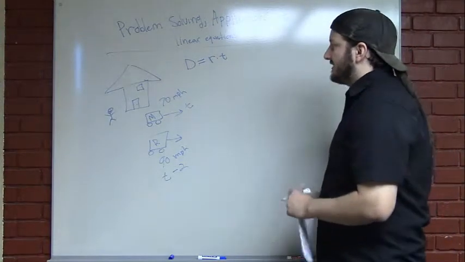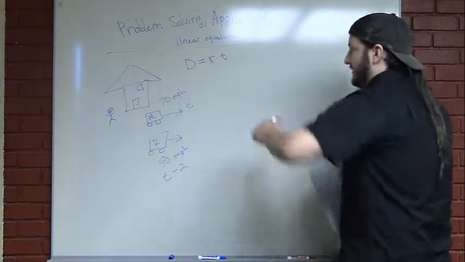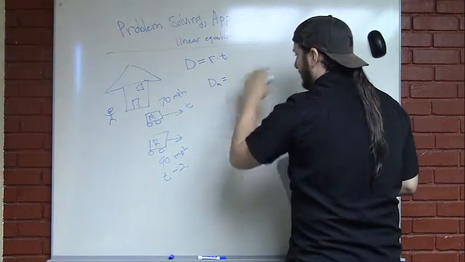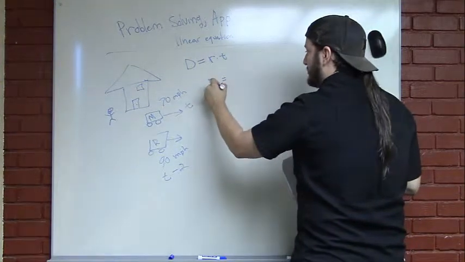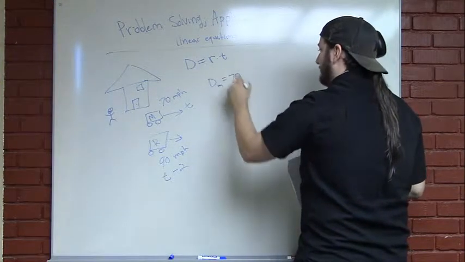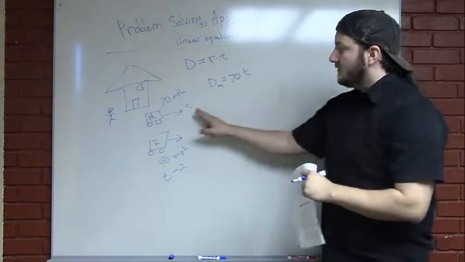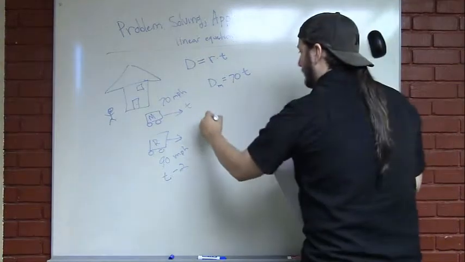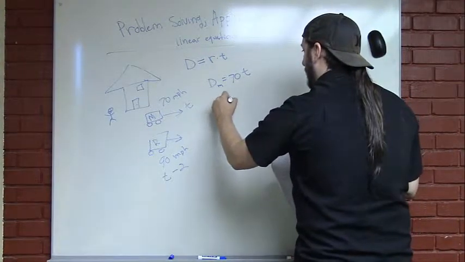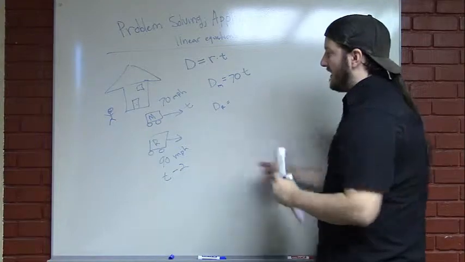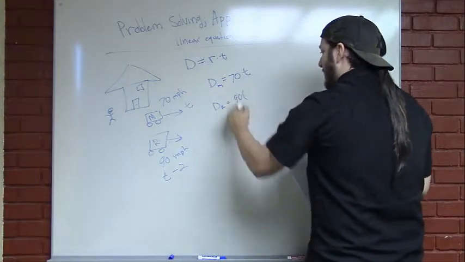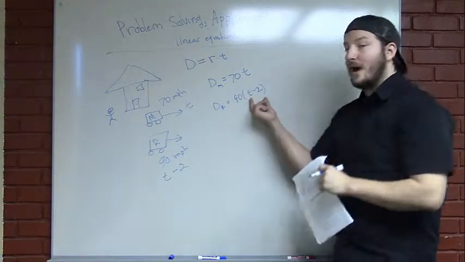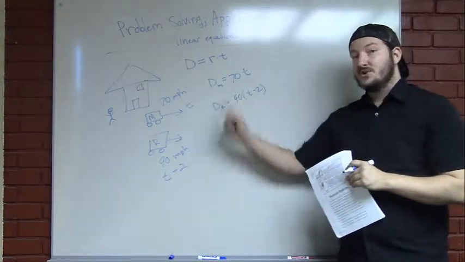We're gonna basically have two equations here. Okay? For distance Michelle, I'll put a little M here for Michelle's distance. The rate is 70, and the time we had said is just T. For Rosa here, we're going to say distance R is going to equal 90, but times T minus 2 because it took her 2 hours less than Michelle here.